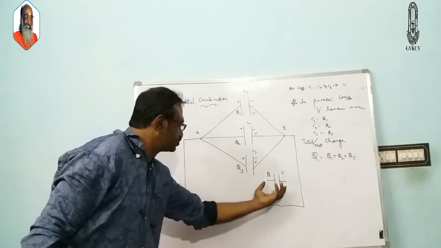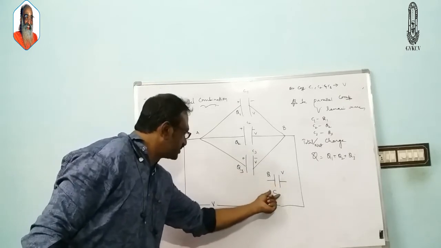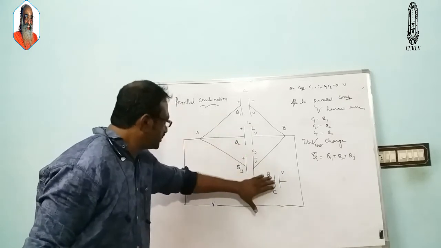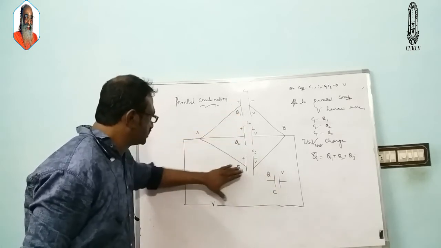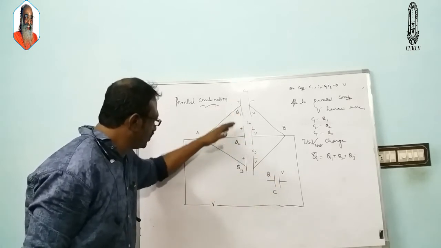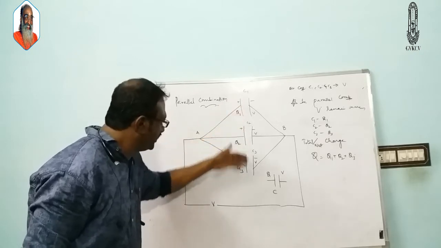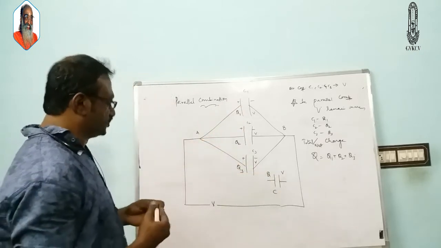I am assuming a capacitor with effective capacitance C, and the net charge on this will be equal to the sum of the charges, that is Q is equal to Q1 plus Q2 plus Q3, and V remains the same.